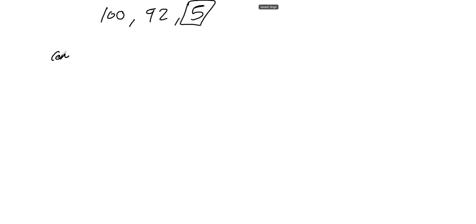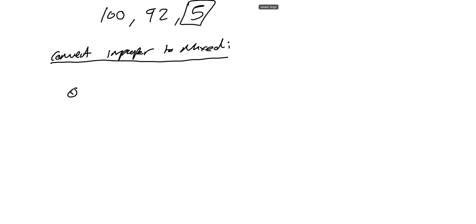I want to convert from improper to mixed. All right, so here we go. We're going to convert from improper to mixed. Question 1, I got 100 over 92. In question 2, I got 92 divided by 5. Try and calculate those two.